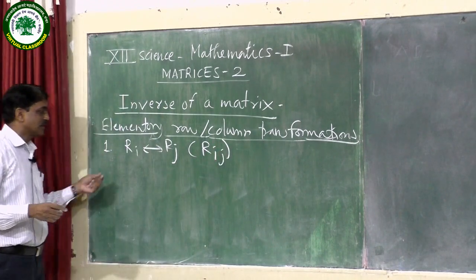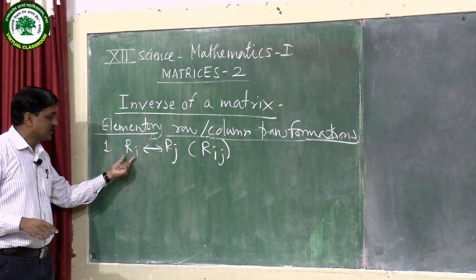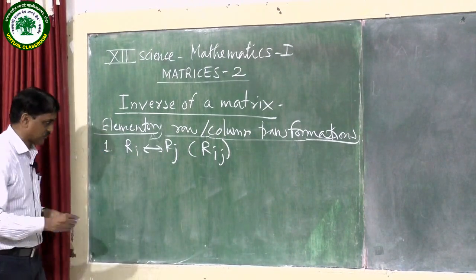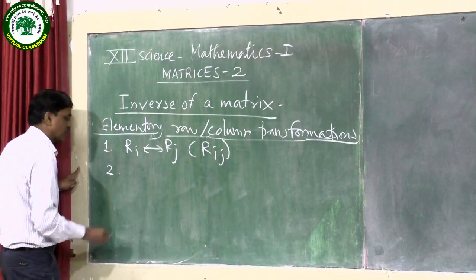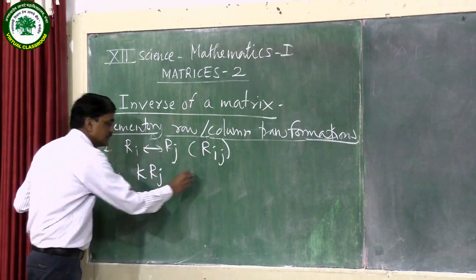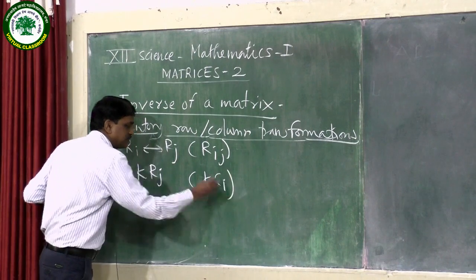What does it mean? We can interchange any 2 rows or any 2 columns of a matrix. Second, K into Rj or K into Ci.